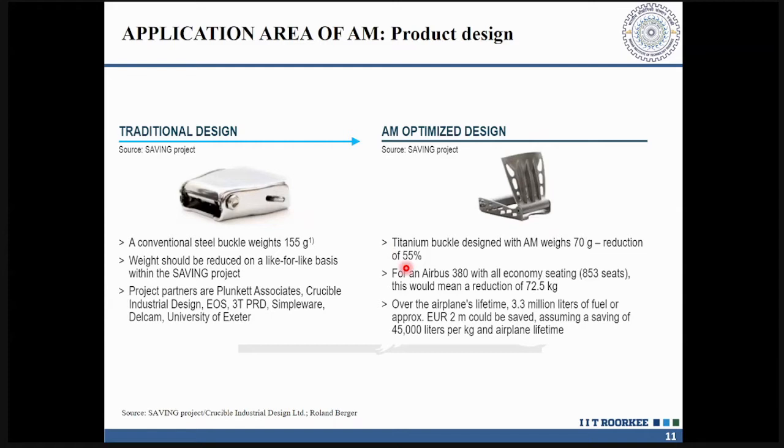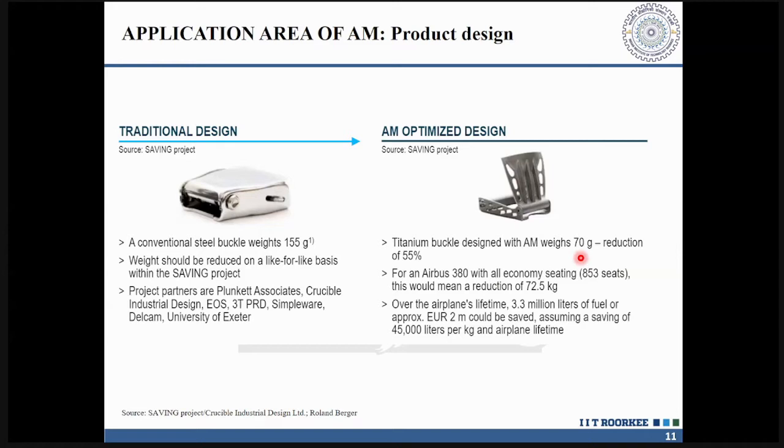Now, an Airbus 380 has 853 seats, and every seat has that buckle. So I'm able to reduce 72 kg. Just a small design consideration, a small change in the outlook of that product and in the manufacturing method, and you were able to reduce 72 kg of the aeroplane.